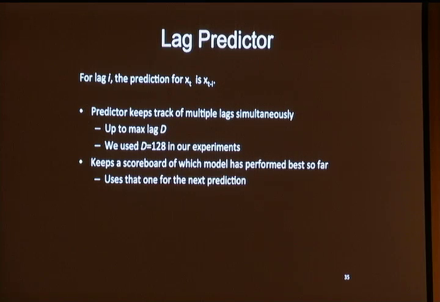The last predictor is the lag predictor. It is also very simple. The upcoming sample value is predicted by the last i-th sample value, and it keeps track of multiple lags simultaneously.